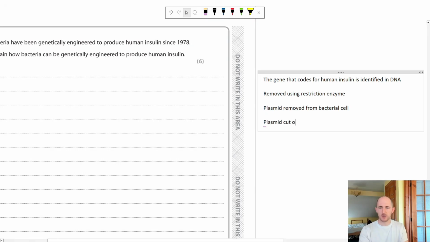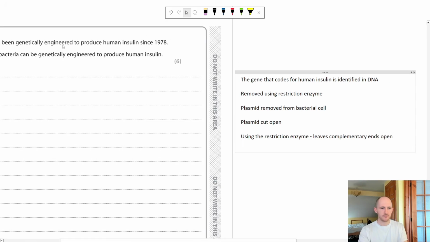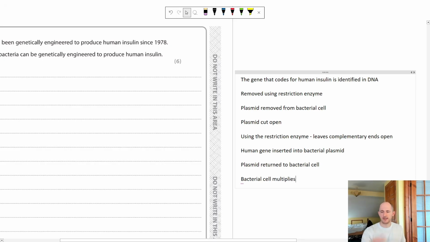Plasmid cut open, and using the restriction enzyme leaves the complementary ends open. Human gene inserted into bacterial plasmid. Plasmid returned to bacterial cell. Bacterial cell multiplies. And the idea here is that it then continues to produce insulin.